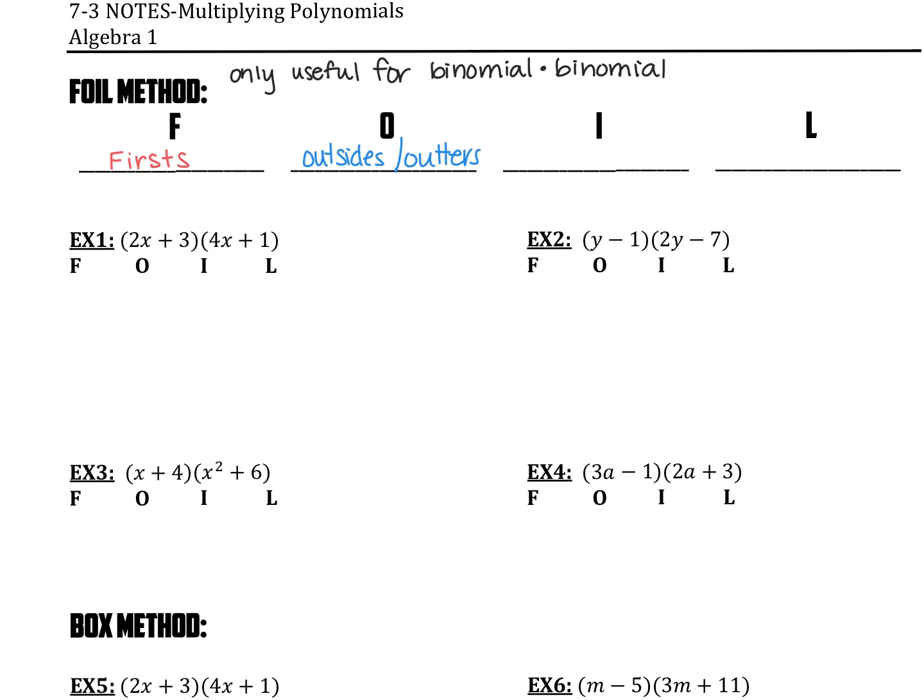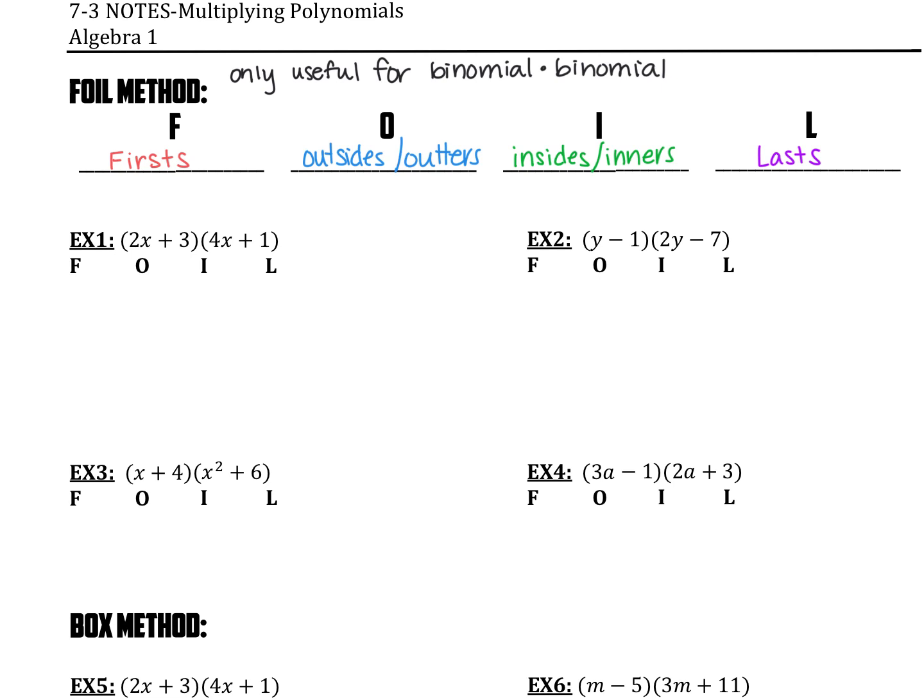The I of FOIL, well, if O stands for outsides or outers, the I stands for insides or the inners. And then the L, well, if F stands for firsts, then the L stands for lasts. Okay, first, outside, inside, last is how we would read that FOIL. And this is just a technique, a way to help you remember what we need to multiply each term by.